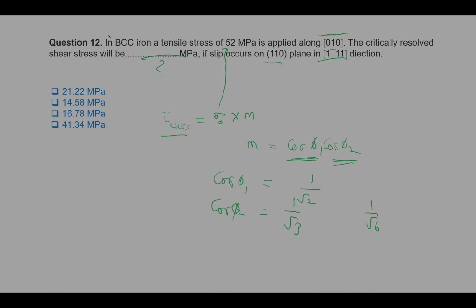So CRSS is equal to 52 into 1 by root 6. The answer will be approximately 21.22.